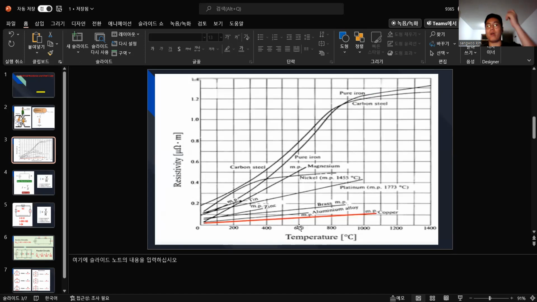A little bit more. It depends on the material, right? Here's aluminum, copper. Just try to memorize: if the temperature increases, the resistivity also goes up. You know what I mean? That's it.